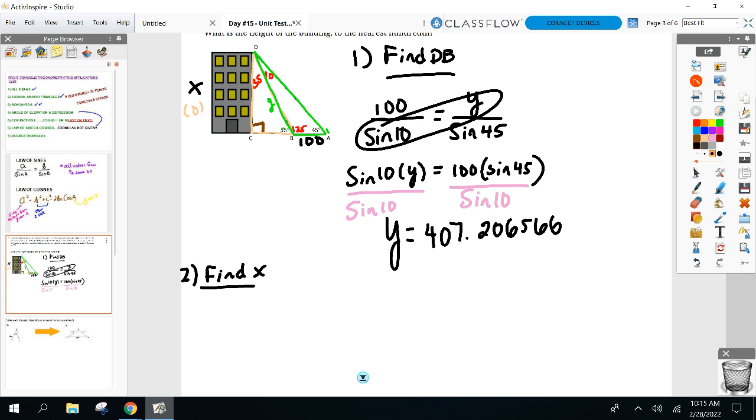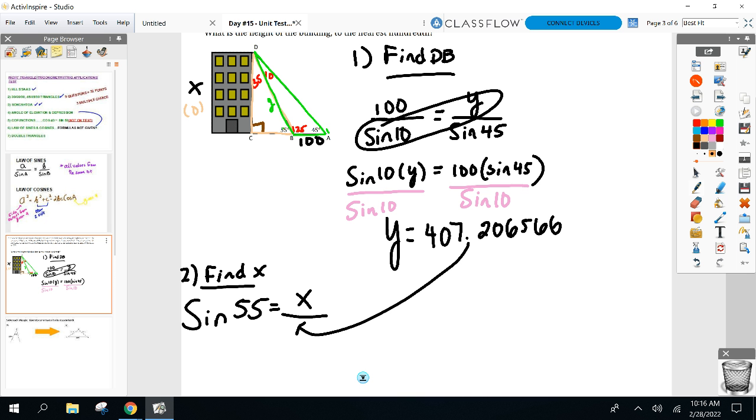Sine. Or, I don't know if anybody's thinking this, could I use law of sines again? On this right triangle, could I use law of sines again? Yeah, I could say x over sine of 55 equals 407 over sine of 90. I can use both. So I'll do sine of 55 equals opposite side x over hypotenuse, that 407 and change we just found.